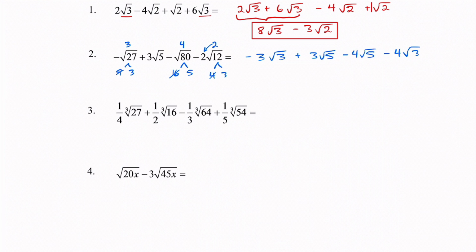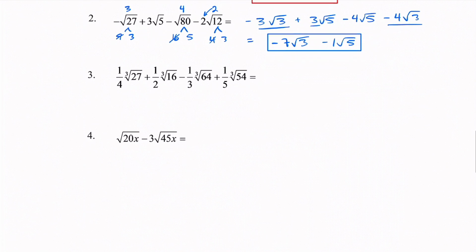So I can see the root 3's I can put together. This one and this one. So minus 3 root 3 minus 4 root 3, that's minus 7 root 3. And then the other two, I got 3 root 5 minus 4 root 5, that's going to be minus 1 root 5. Remember, just subtract the coefficients in front. 3 minus 4, we get negative 1.